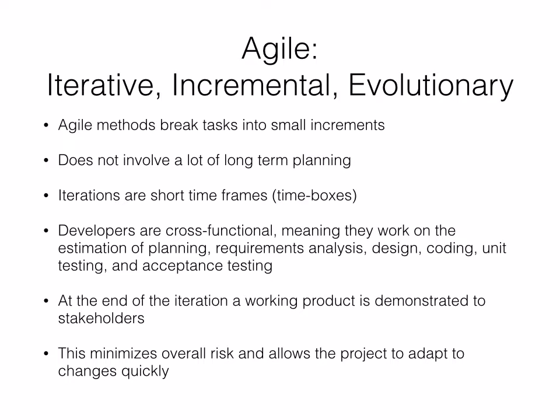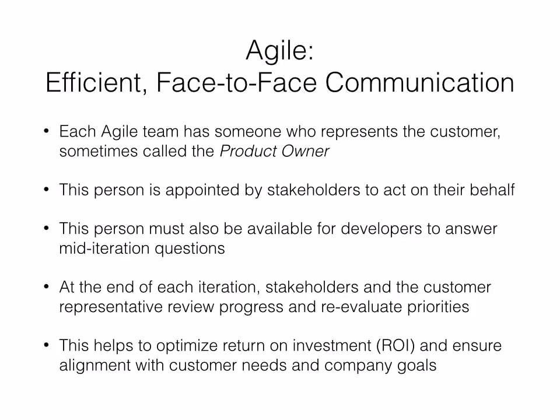So the last aspect I have on here is that Agile attempts to minimize the overall risk of the project and allows the project to adapt to changes very quickly. There are also some criticisms about that, and we'll talk about that in a future slide about whether it does minimize the overall risk.